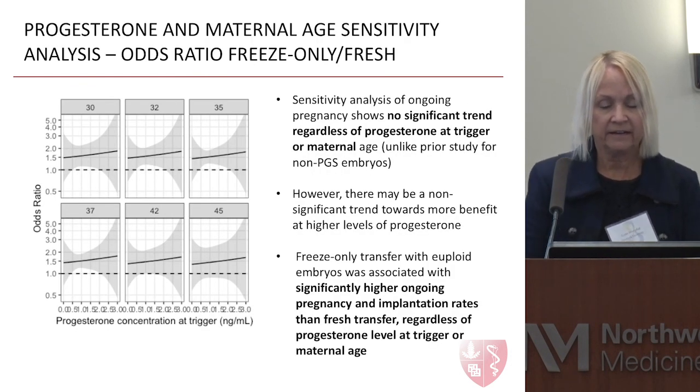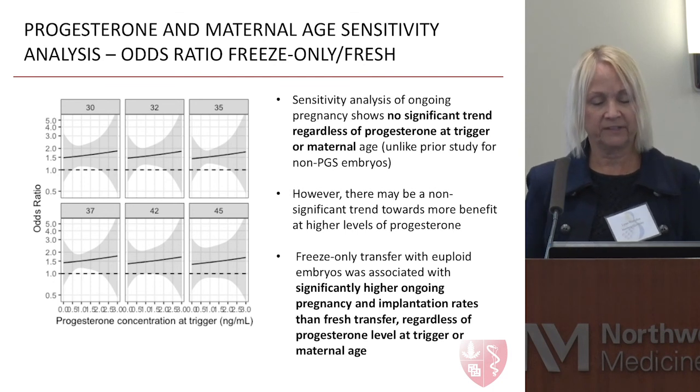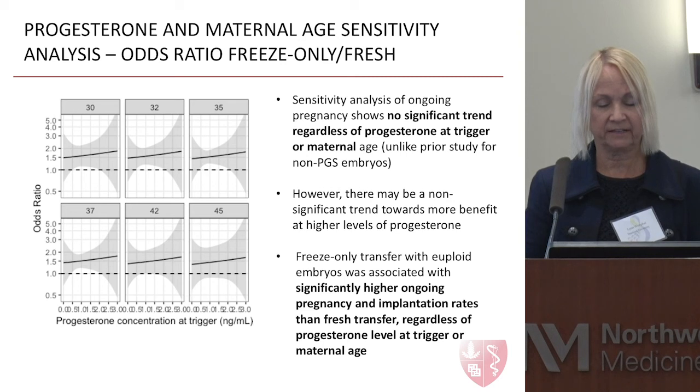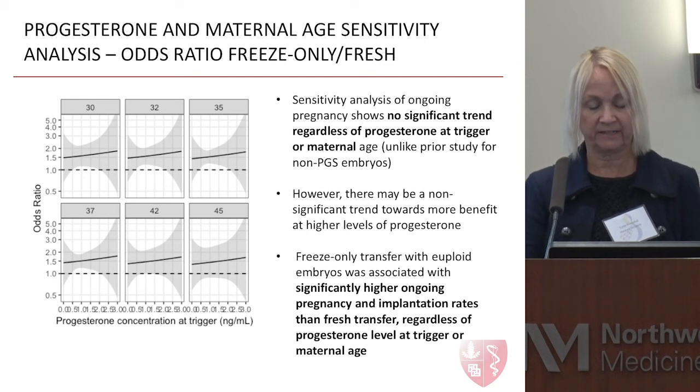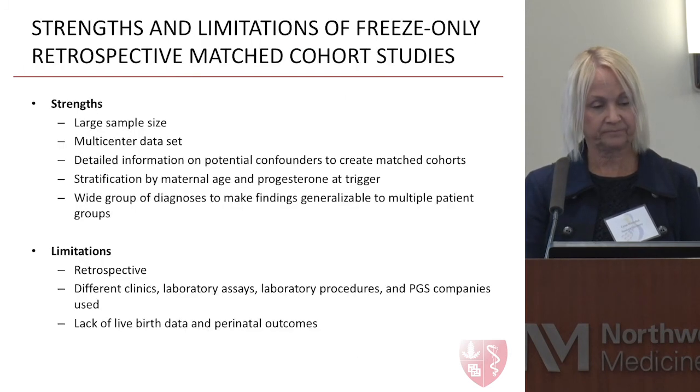And again, we saw that there may be a little bit of a trend to more benefit with higher progesterone levels, but it wasn't significant. So our final conclusion from this was that there were higher pregnancy and implantation rates with frozen versus fresh transfer in these euploid embryos, and the progesterone level overall did not seem to factor in.